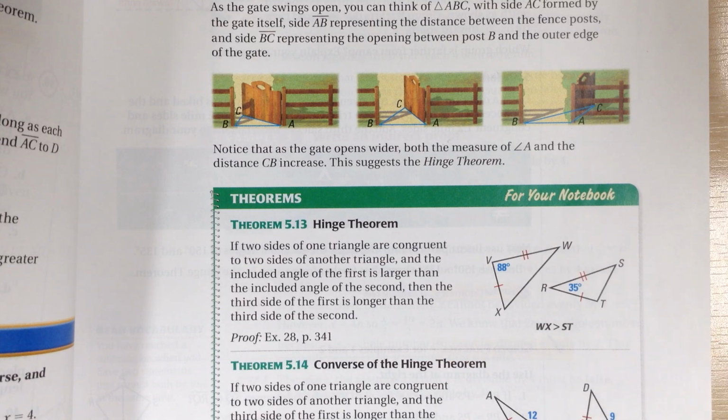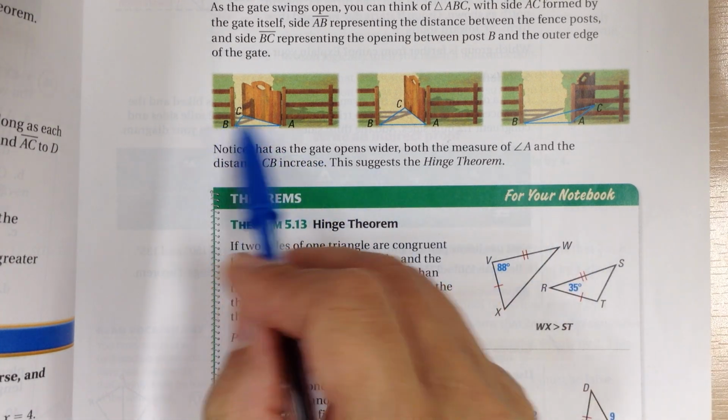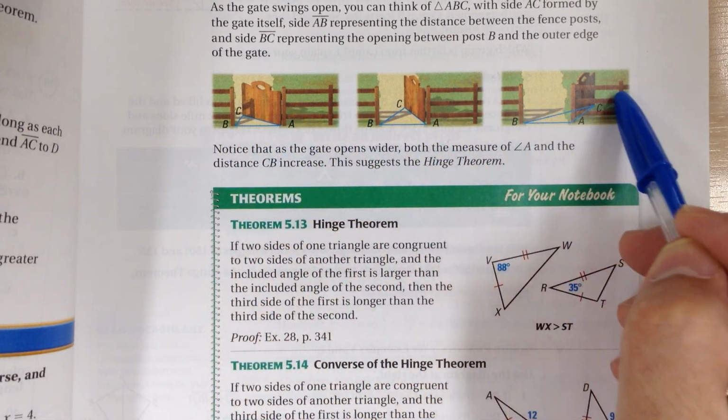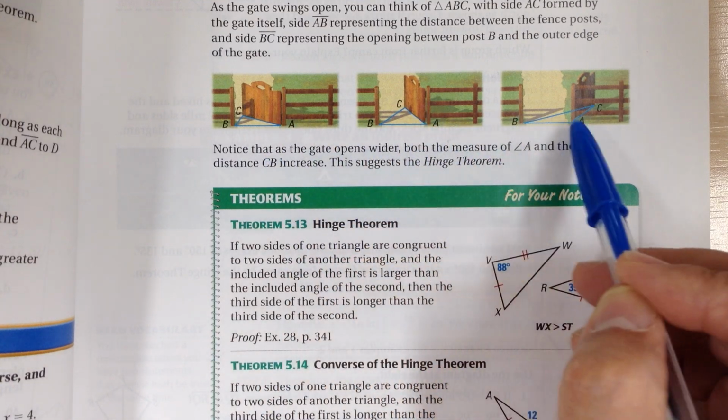Now this one is the converse. The converse says that if the two sides are fixed, and the third side gets longer, that means the included angle gets bigger.